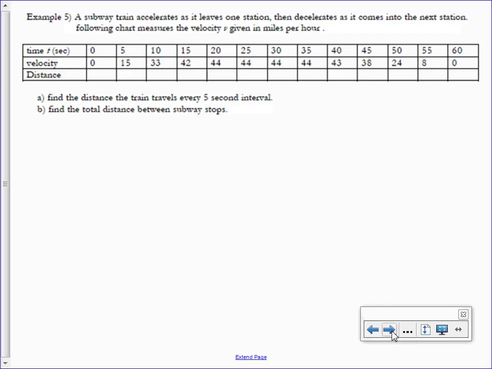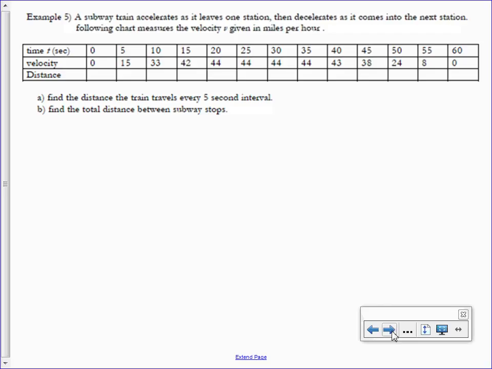Apparently, it takes 60 seconds to get to the next station. The following chart measures the velocity v given in miles per hour. Find the distance it travels every 5 seconds.